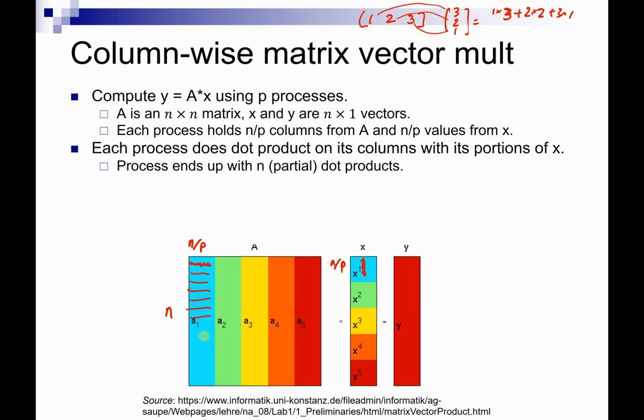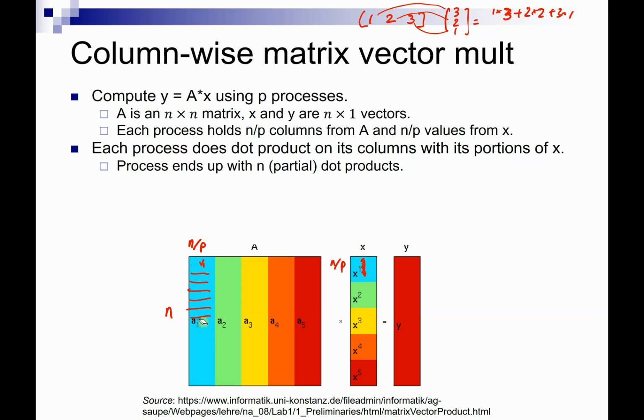So this blue process, the first process, is going to do the dot product of the first row with these values of x. That's going to combine everything into a single value. Let me not call it x because I've already got this x over here. Let me call this v1.